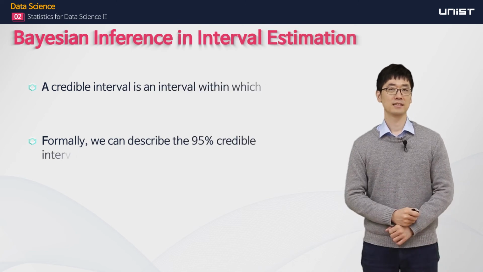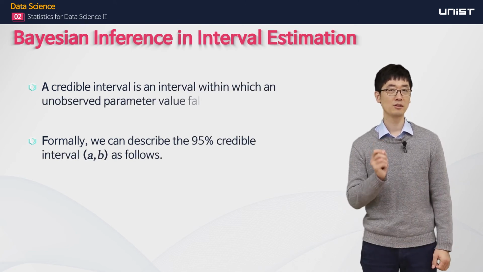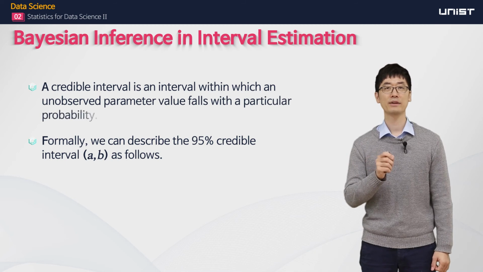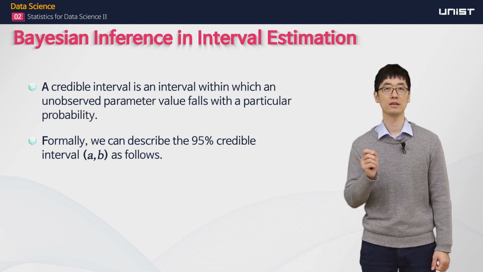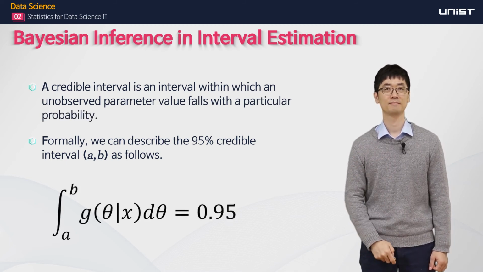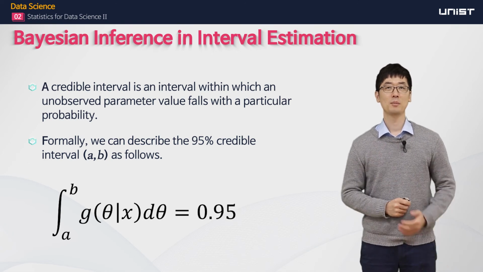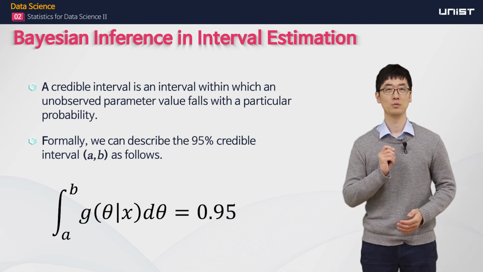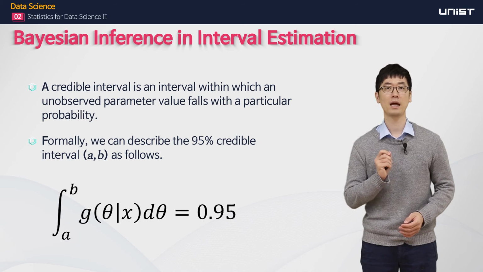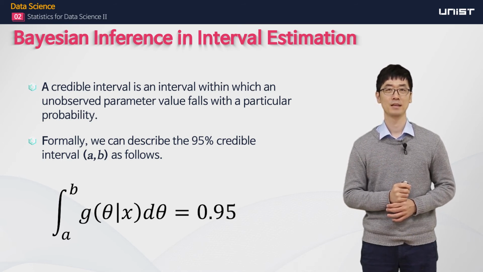In Bayesian statistics, we have a credible interval which corresponds to the confidence interval in frequentist statistics. A credible interval is an interval within which an unobserved parameter value falls with a particular probability.